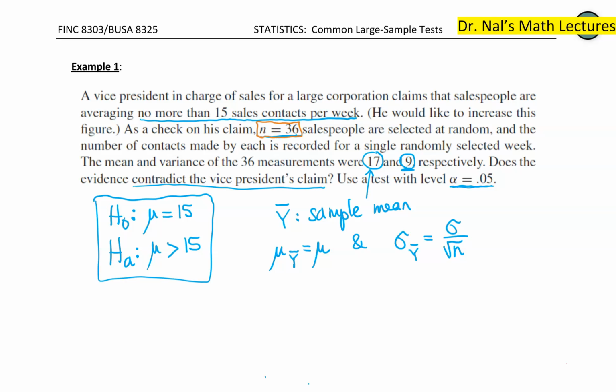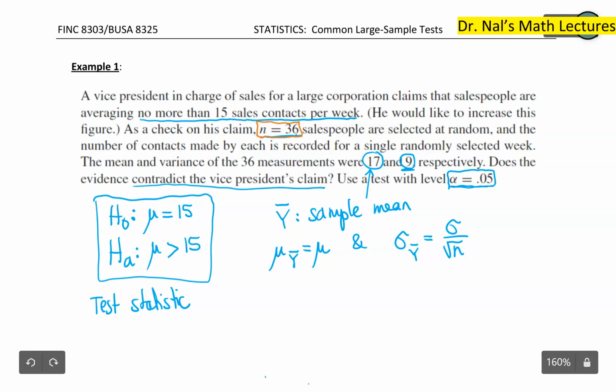As a result, first we need to identify the test statistic, and then we need to identify the rejection region based on alpha being 0.05, right? So let's start with the test statistic first. The test statistic is going to be the standard normal variable z, which is y bar minus mu 0 divided by sigma y bar.